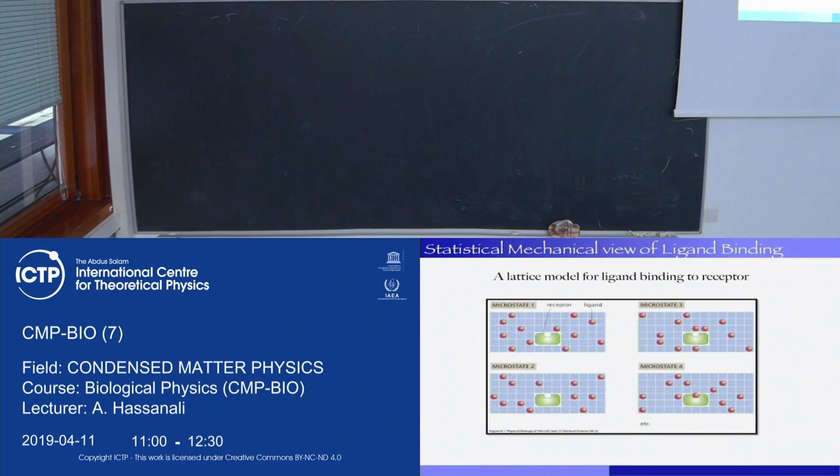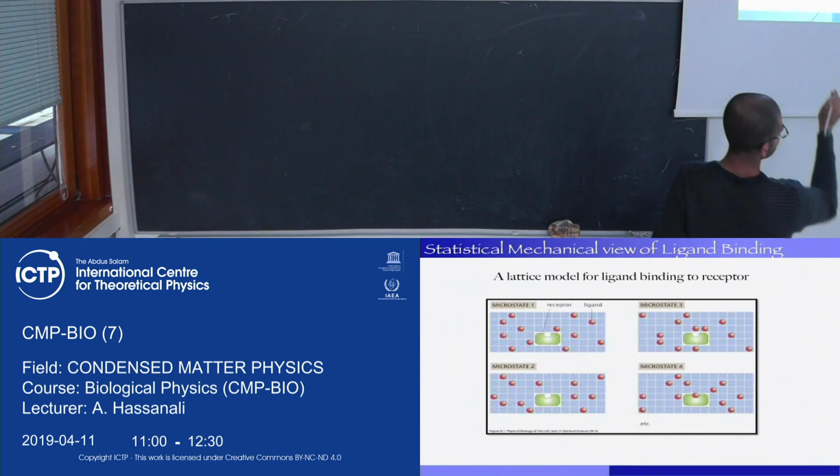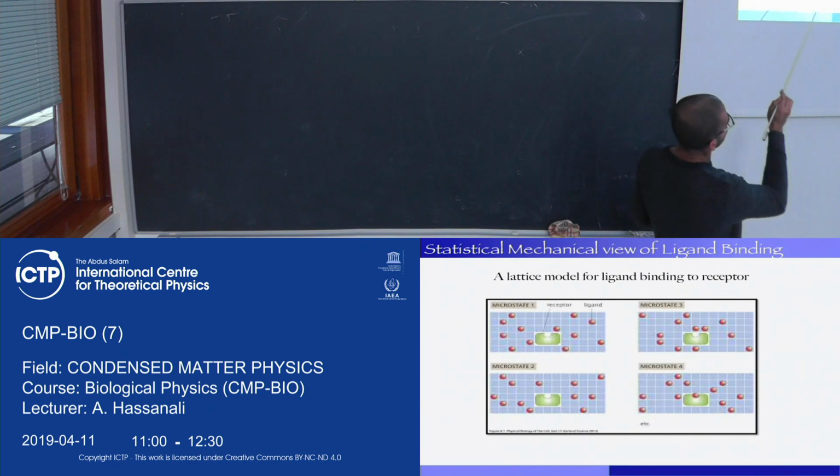I'm not saying it's entirely incorrect, but it's very simplistic, so it neglects many things that we can talk about. But you're right. Let me explain the picture and see if it clarifies what you have in your head. So I have a lattice.